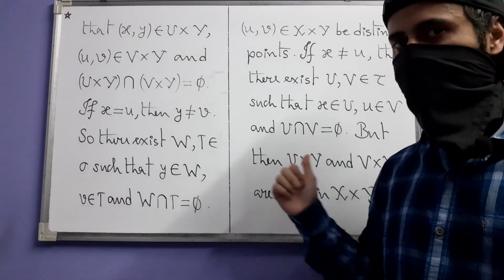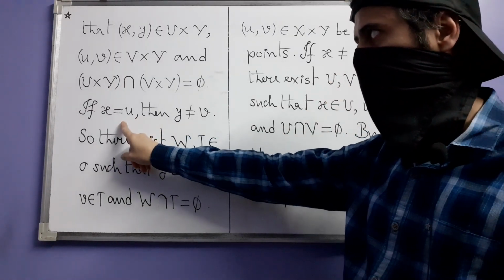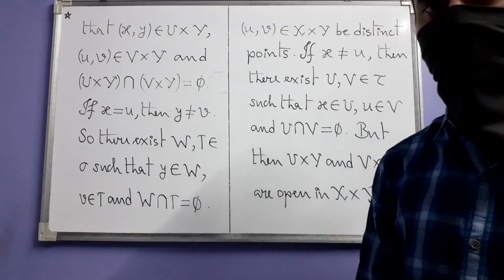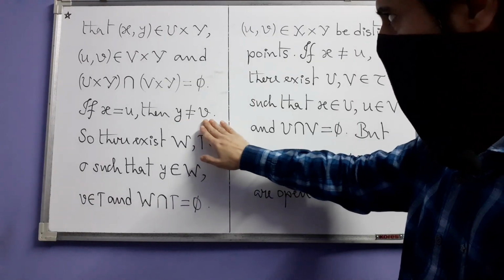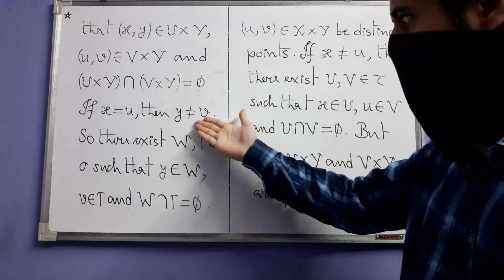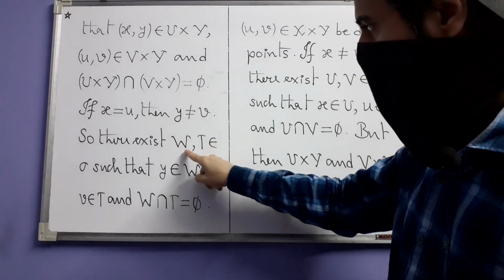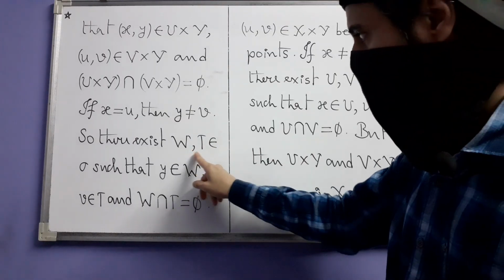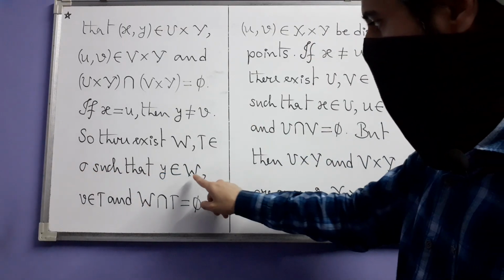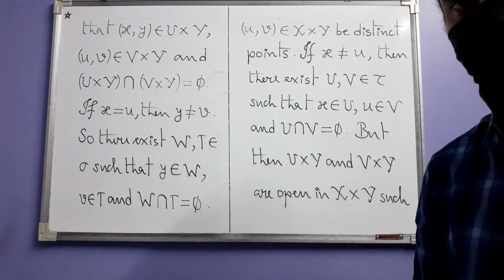Now this is of course only one case where x is not equal to u, but we may also have x equal to u and still these two points can be different by having y not equal to v. But then y and v are two distinct points in the space Y which is also Hausdorff, and so they can be separated in the space Y by disjoint neighborhoods, say by W and T, which are open sets in the topology σ on the space Y, such that W is the neighborhood of y, T is the neighborhood of v, and they are disjoint.